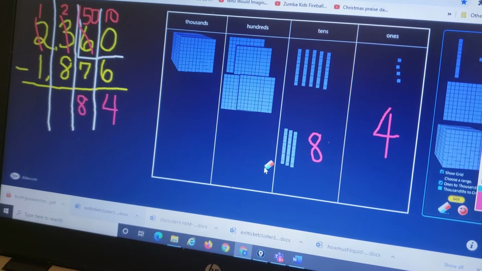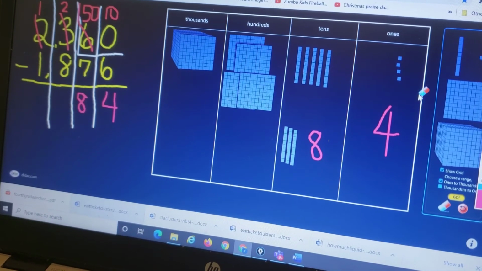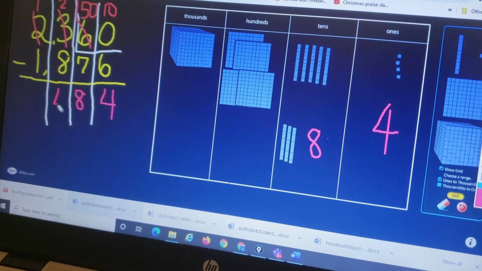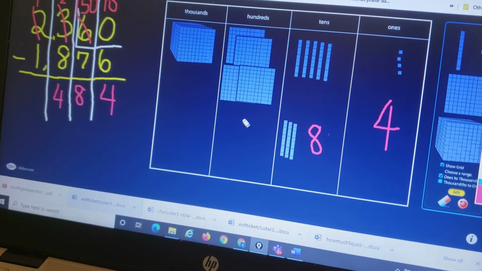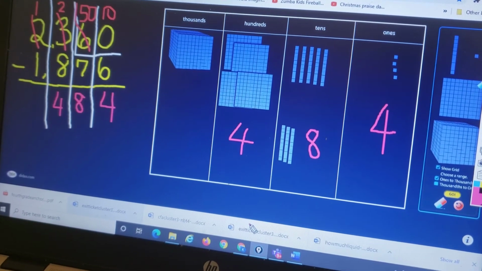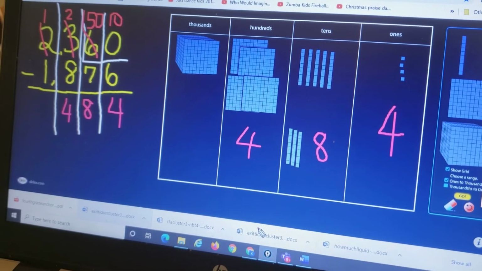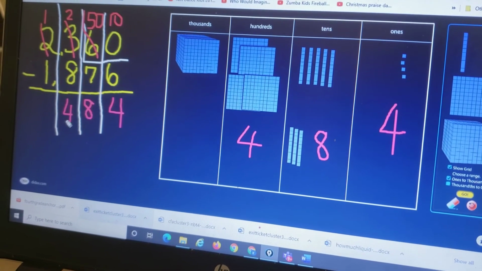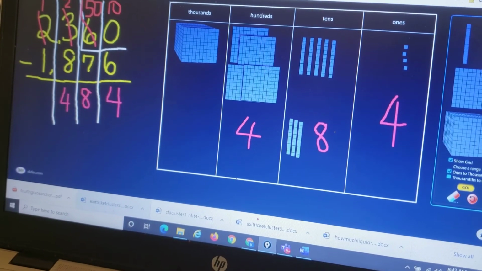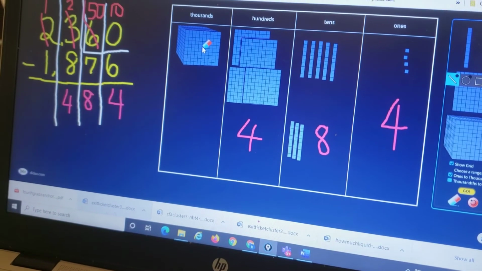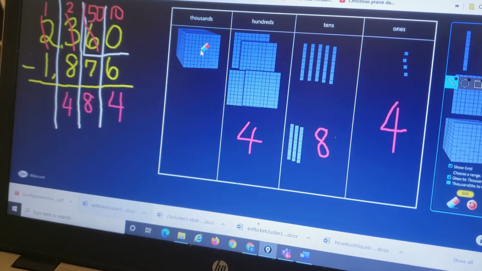How many hundreds are remaining? 1, 2, 3, 4. 4 hundreds are remaining. All right, and we go to our thousand spot. If we have 1,000 here, but we need to take 1,000, then we need to delete this 1,000 because we subtract it and it leaves 0. So there should be nothing in the thousands place.